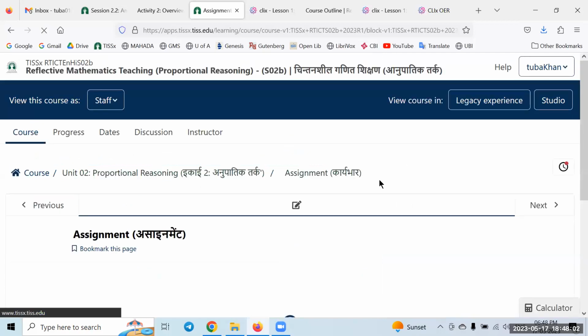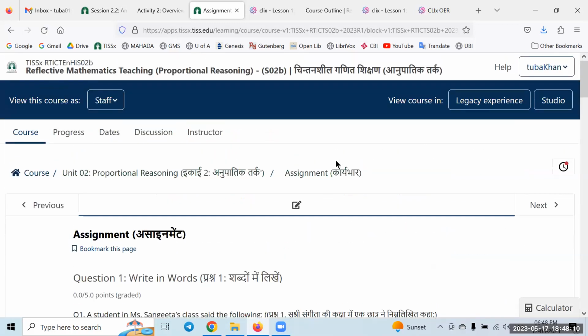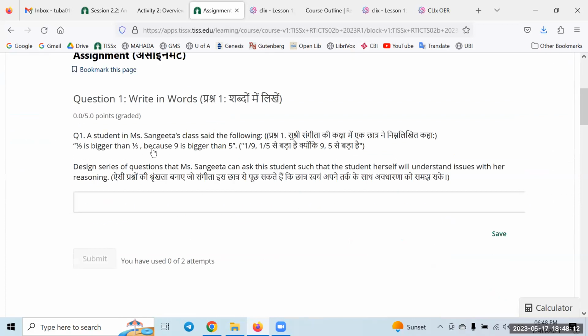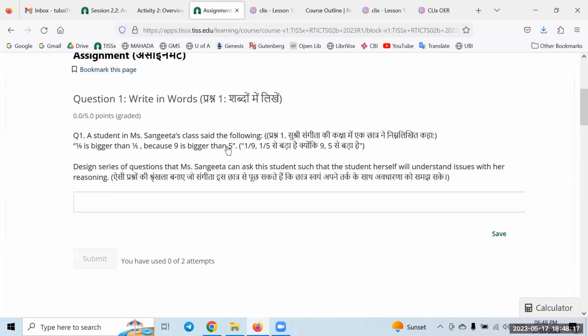Assignment, I will go through it. There are 2 types of assignment actually. There is one question; I'll just read it. A student in Miss Sangeeta's class said the following: 1/9 is bigger than 1/5 because 9 is bigger than 5.